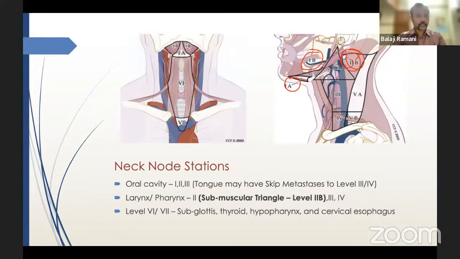This is a question that comes up, because the supraclavicular node, it doesn't matter what the size is, will be distal to the cricoid. It will be below the cricoid, right? So your level 4 will be distal to the cricoid. So in your nasopharynx, it will come under your N3 node.